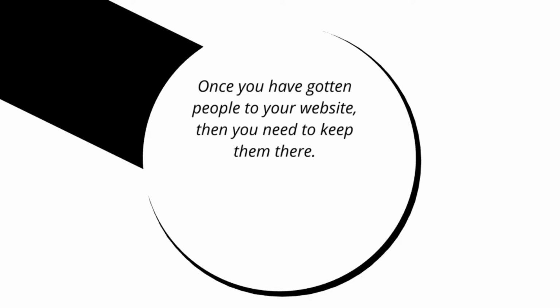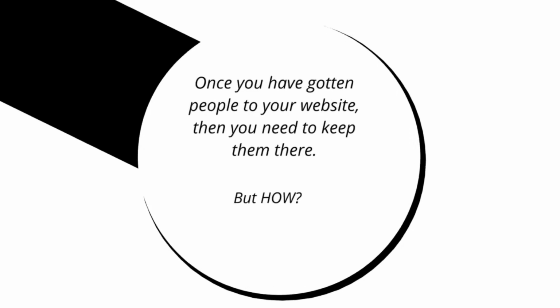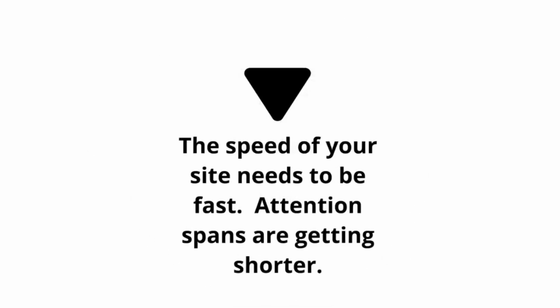So the big question is how? How do you get them to stay on your website and get fully engaged? Well, first things first, the way we've laid this video course out is to make sure that the speed of your website is fast, because a lot of times people overlook this factor and go straight to the engagement plugins or straight to the content, and they don't know why people leave.